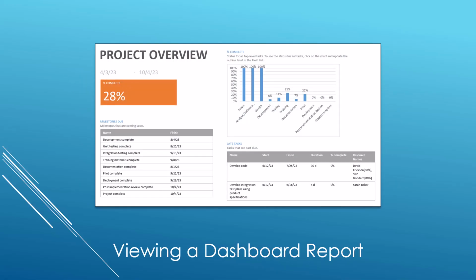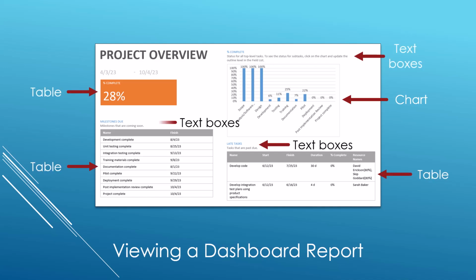Here's the project overview report for a project. Notice it includes one chart and 3 tables and 3 sets of text boxes. So let's go ahead and look at a few of the dashboard reports included with Microsoft Project.